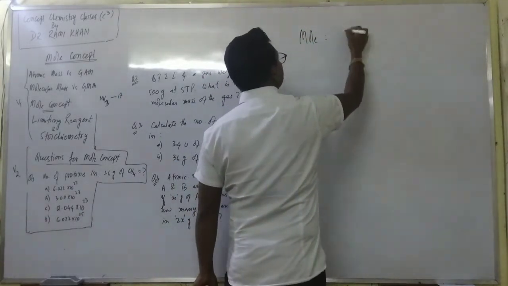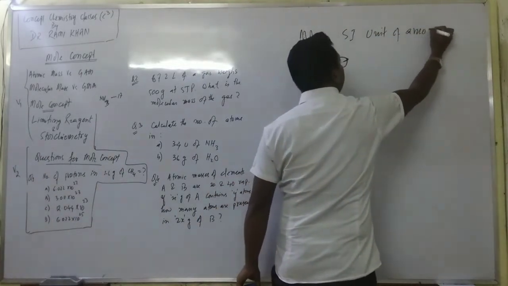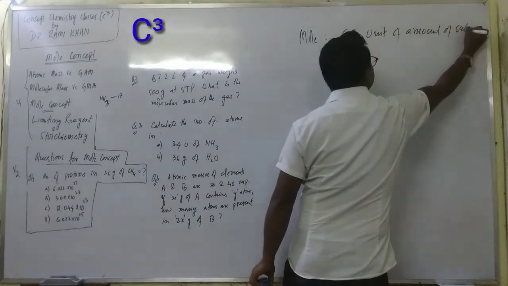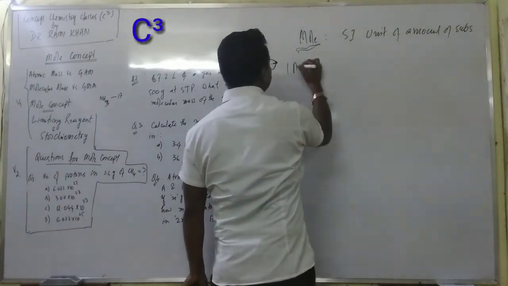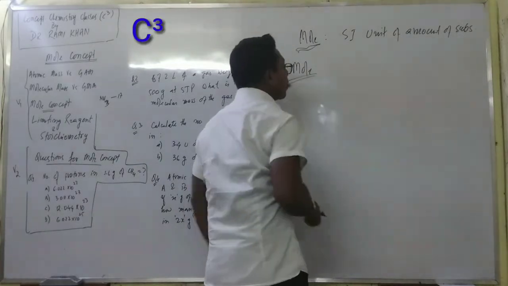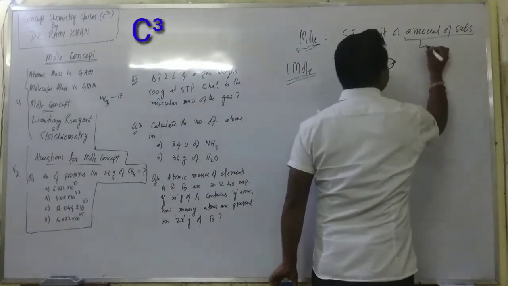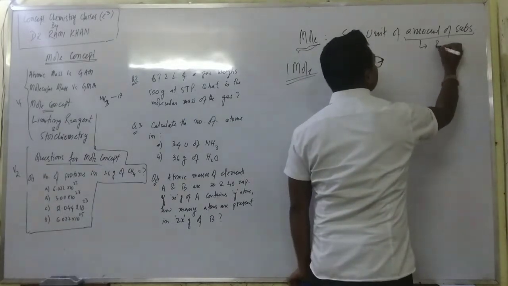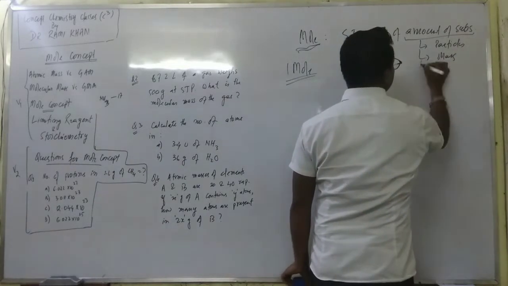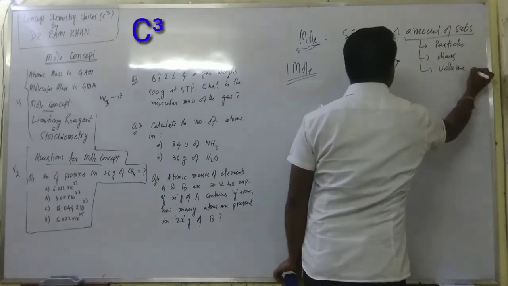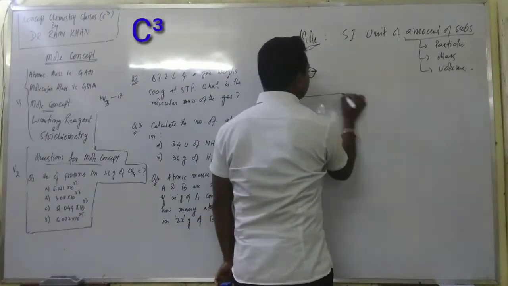Now, how can we define 1 mole of amount of substance? This can be in terms of number of particles, in terms of mass, in terms of volume.